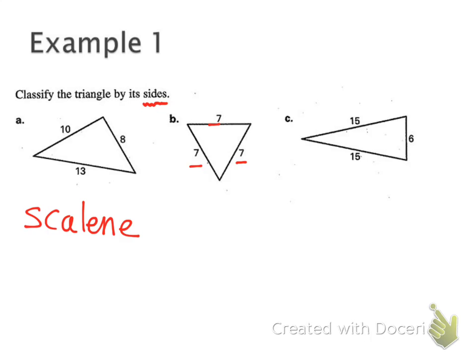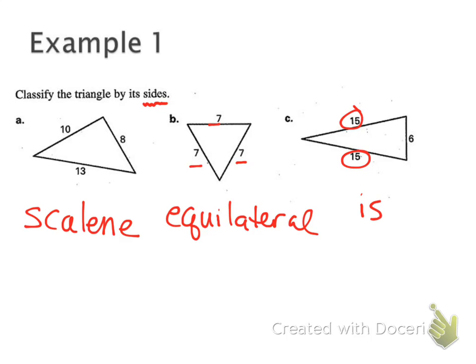If all 3 sides are the same, what do we call it? Equilateral. Good. And C, these 2 are the same. So if 2 sides are the same, what do we call it? Isosceles. Good. Any questions?